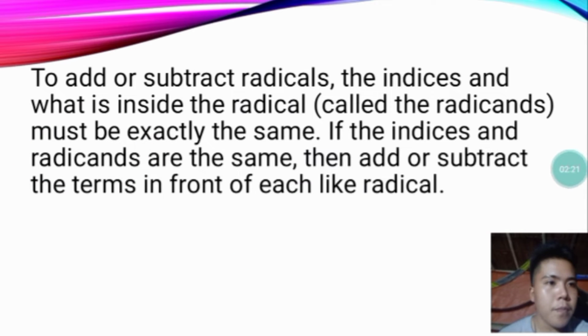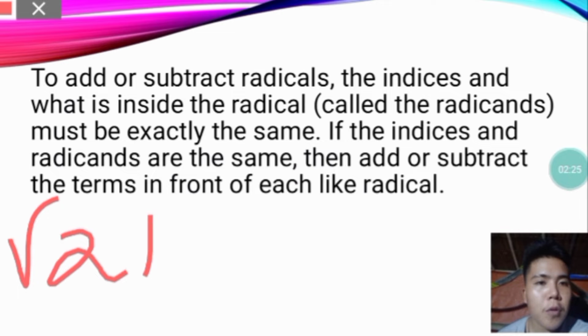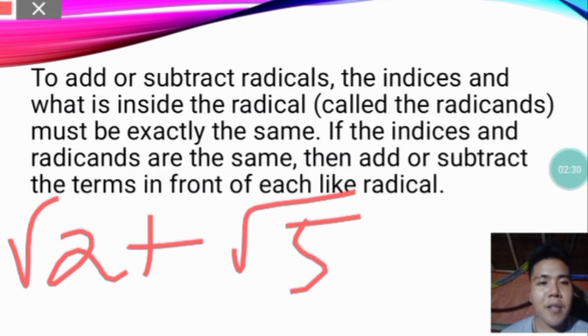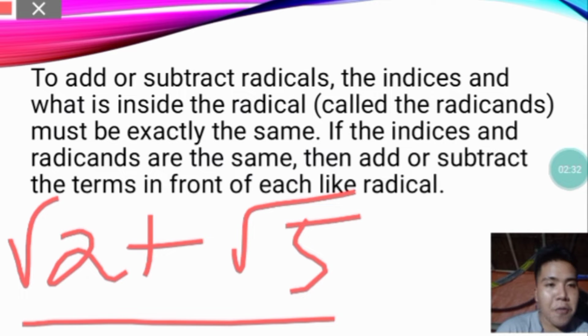So for example, the square root of 2 plus the square root of 5. In this example, you cannot add both radicals because the radicands are not the same. The radicand must be the same to be able to add the radicals.